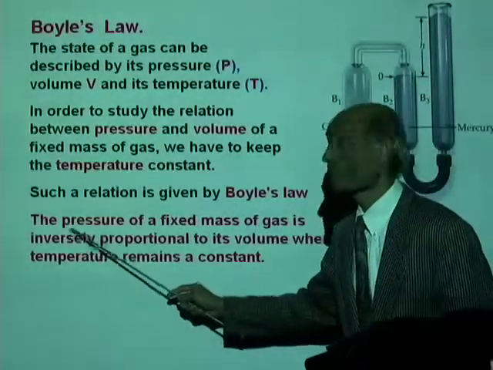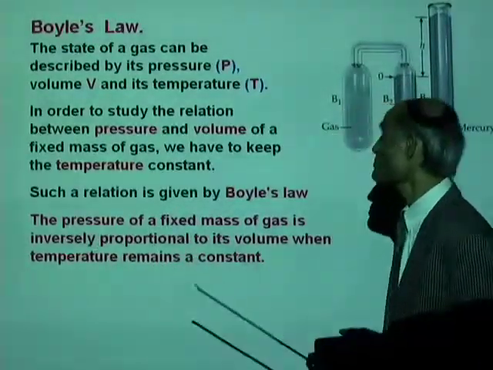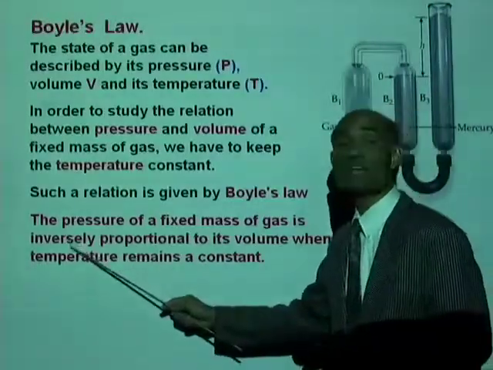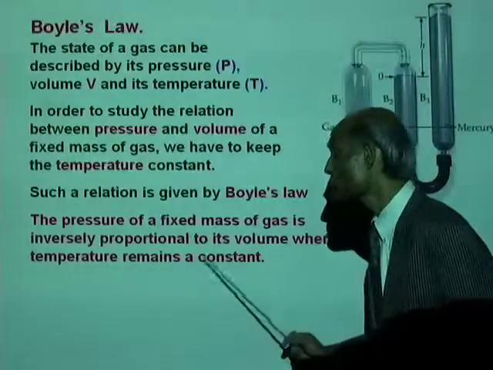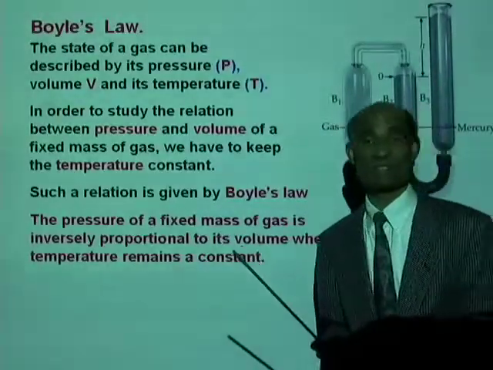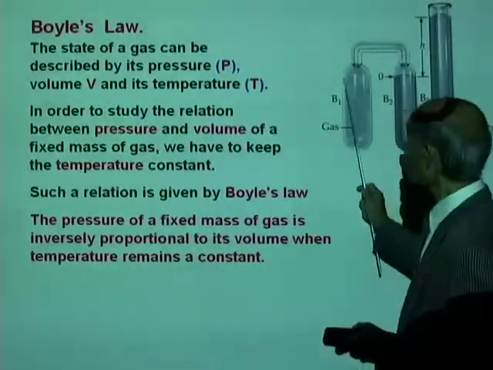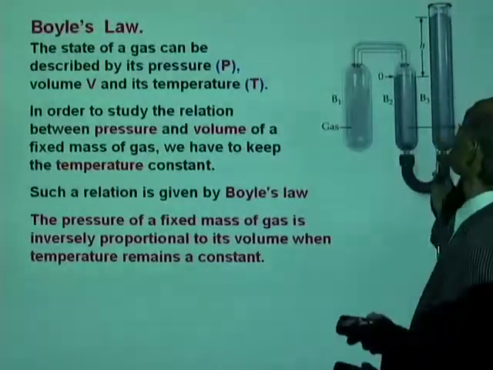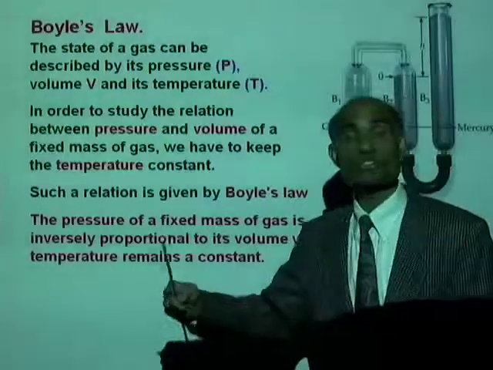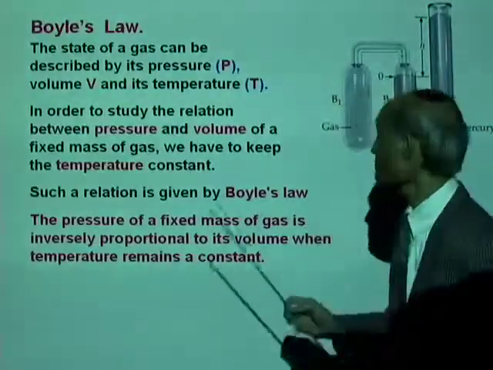What does it say? It says the pressure of a fixed mass of gas is inversely proportional to its volume when temperature remains a constant. And you can actually study it by using the arrangement that we have used as a constant volume thermometer.